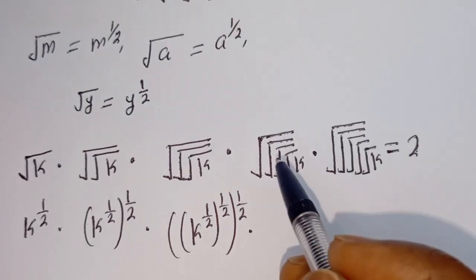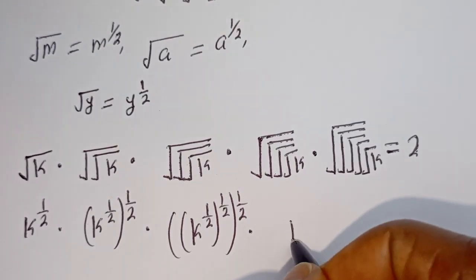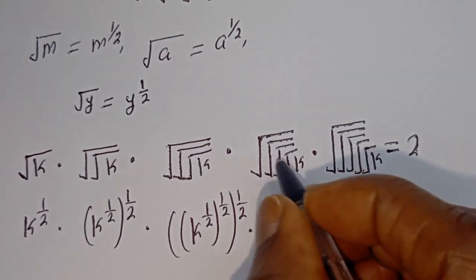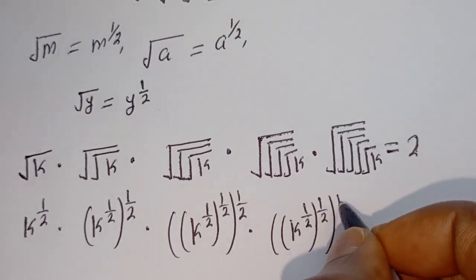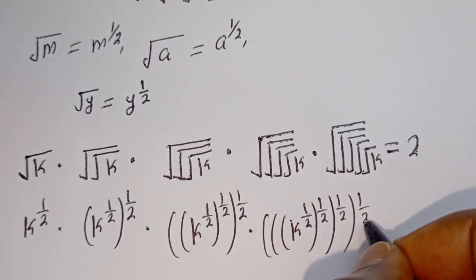Multiply by 4 square roots: k to the power of 1 over 2, then the second one to the power of 1 over 2, third one to the power of 1 over 2, and then the fourth one to the power of 1 over 2.